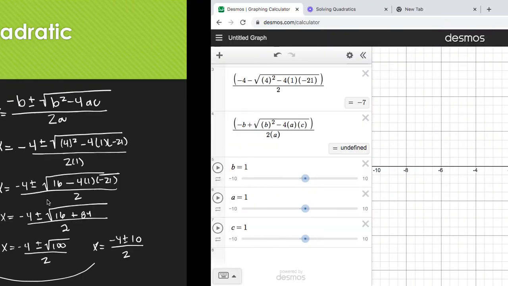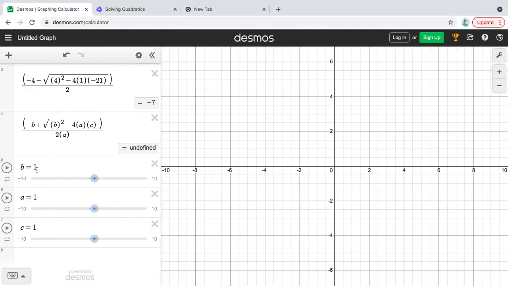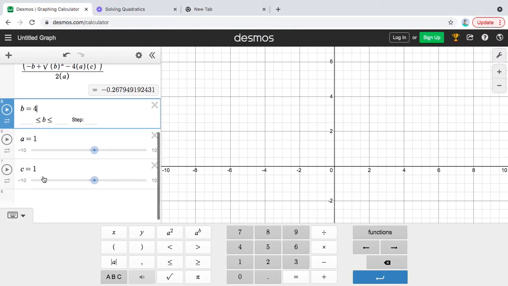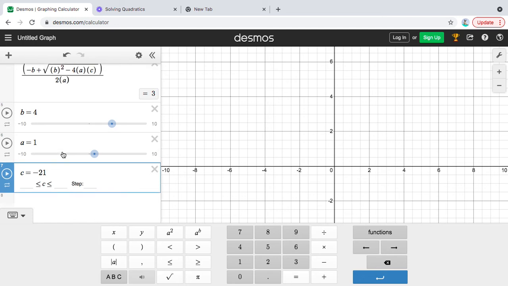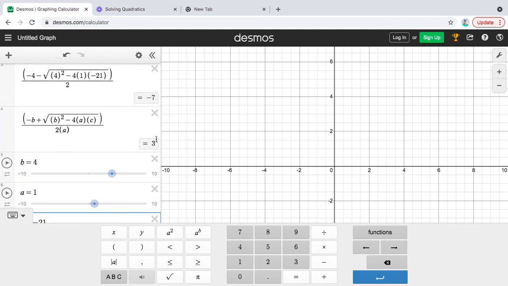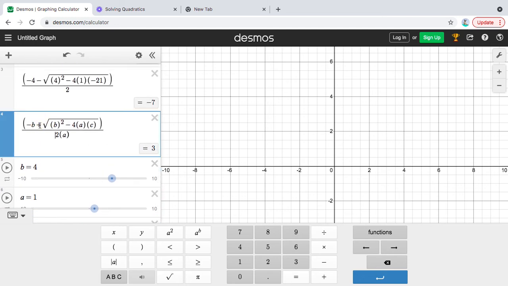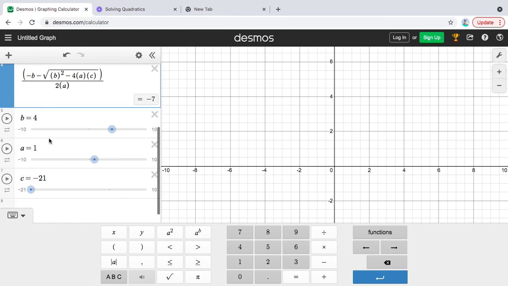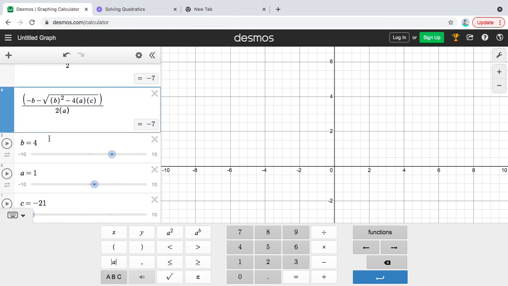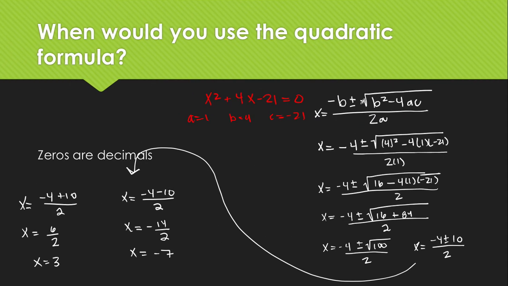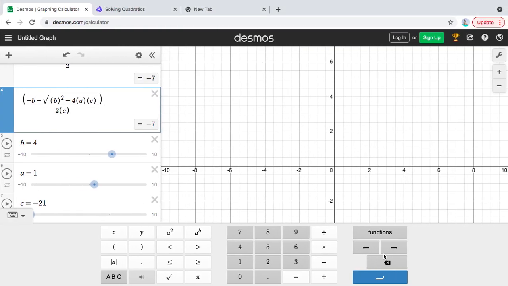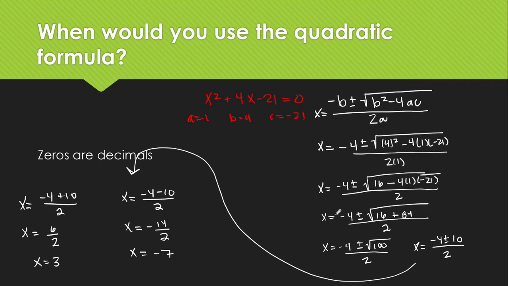So my a value was 1, my b value was 4, and my c value was negative 21. Ta-da! There's my answer. And if I change this to a minus sign, ta-da! There's my other answer. Okay, so you could do this, again, to check your answer. But again, your assignment's going to be over doing the steps, not necessarily what's the answer, but the steps.